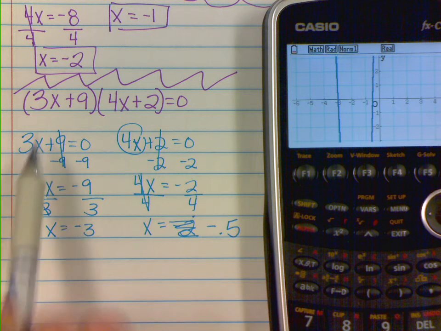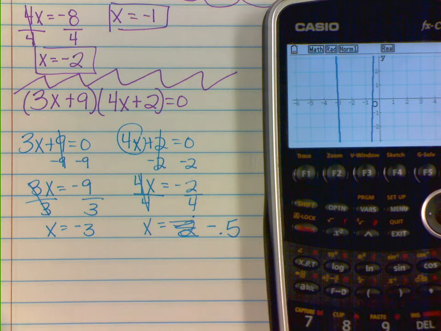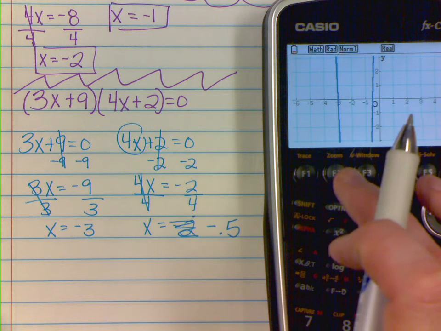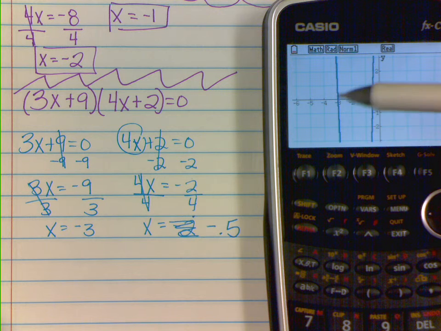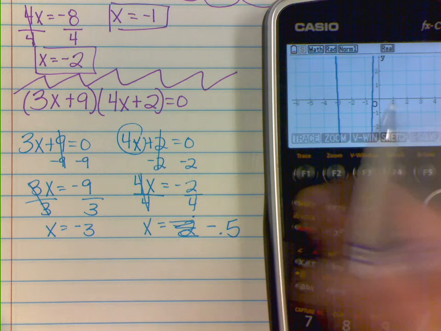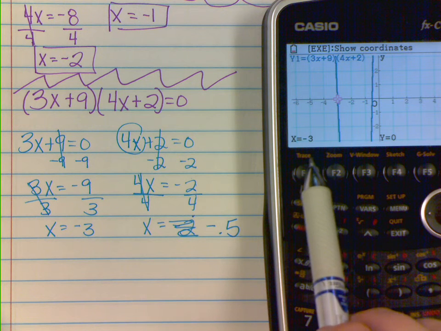So type this into your calculator. 3x plus 9 in parentheses and 4x plus 2 in parentheses. Hit draw. What do you notice about this number and that number? Look at my root.